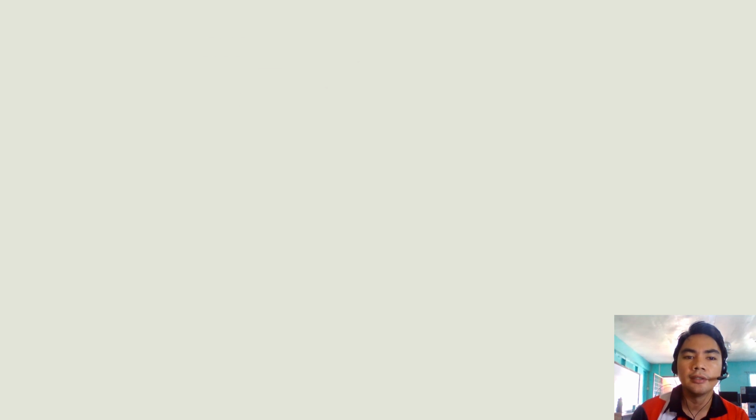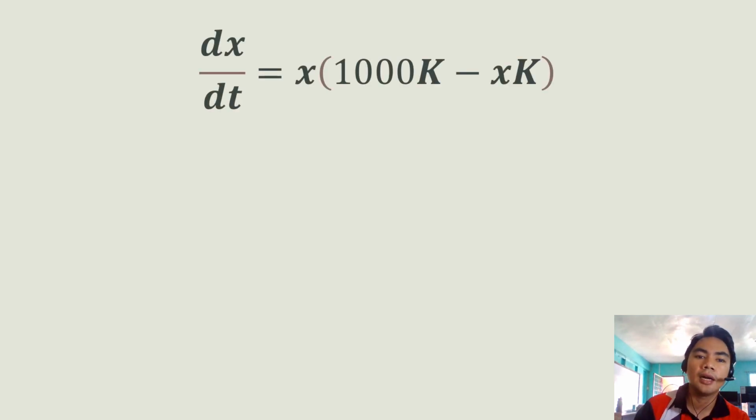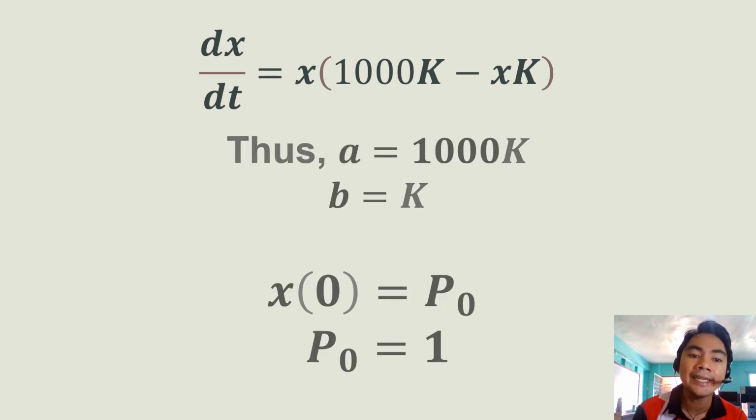So let's go back to our formulated logistic equation. Thus, we are having the value of our A and B, as well as the initial contracted population, which started with one student.